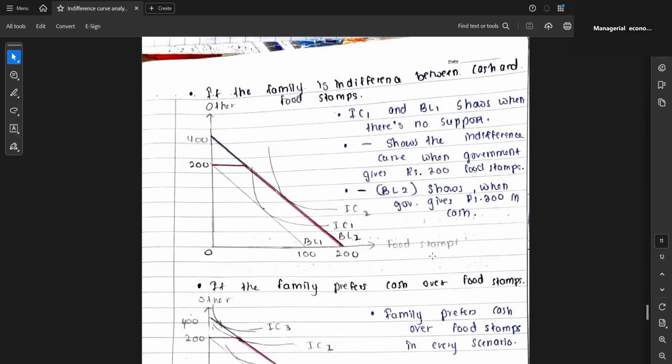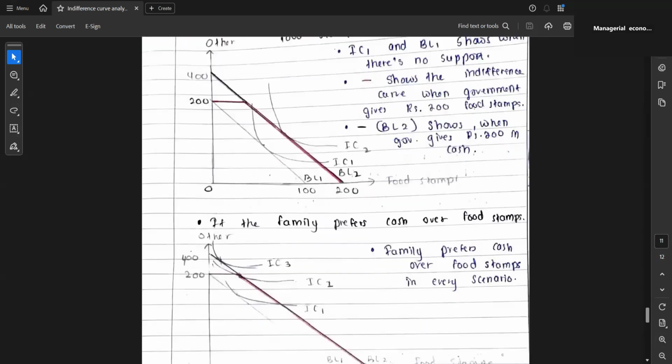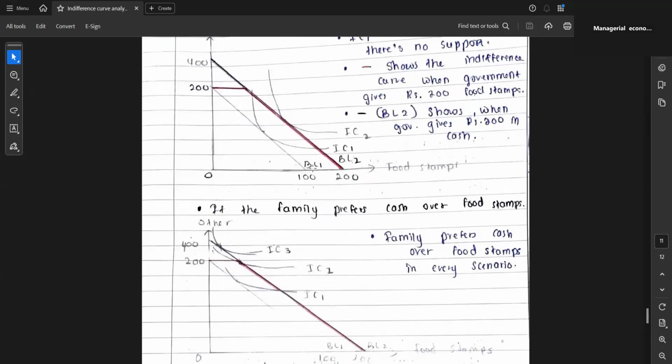The income level has not increased, and therefore the amount of other goods you can buy from the income is still 200, but now you can obtain another 200 rupees of food stamps, and the price of a food stamp is 2 rupees. So additional to 100 units maximum, you have obtained here from 200 to 100, an addition of 100 units.